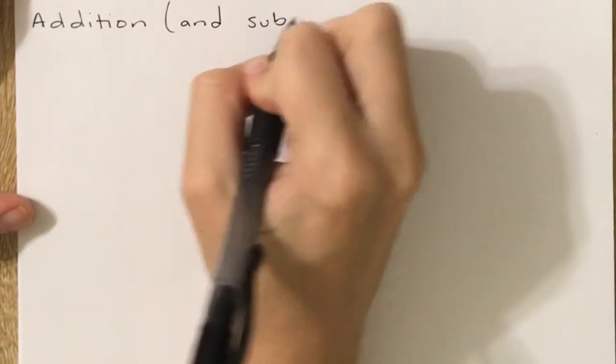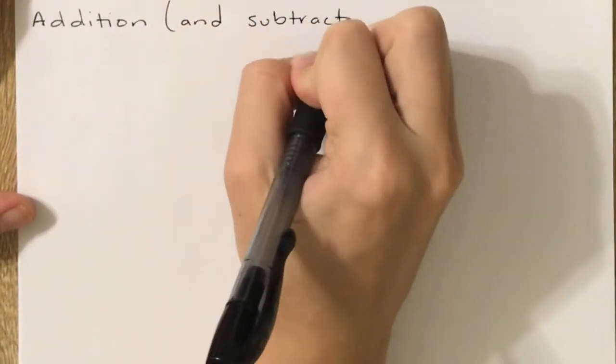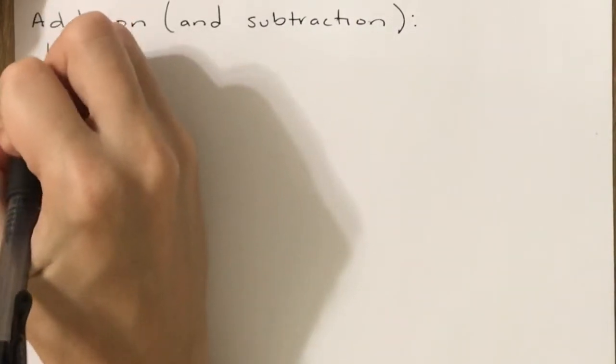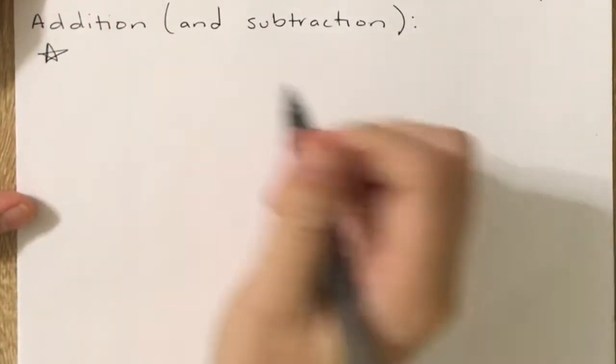Okay, what can we do with these guys? Well, we can do regular addition and subtraction just like normal. So addition and subtraction of these numbers is actually pretty easy.